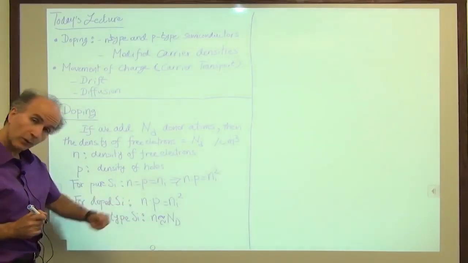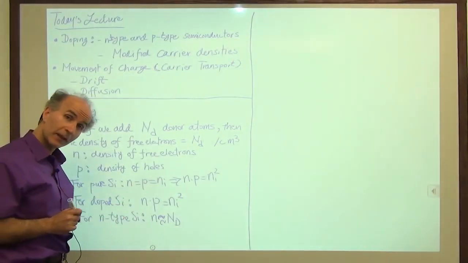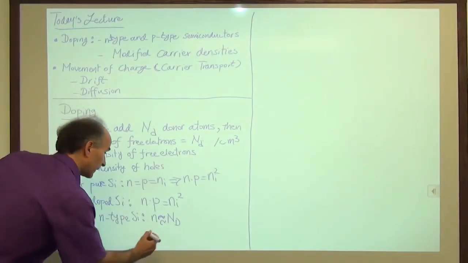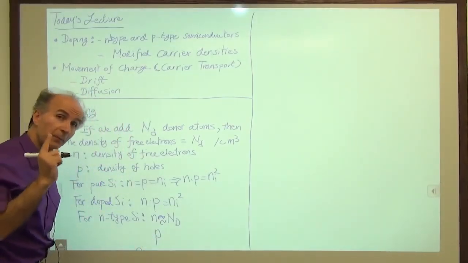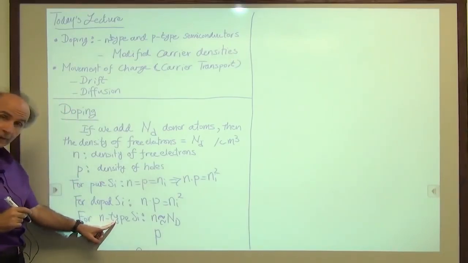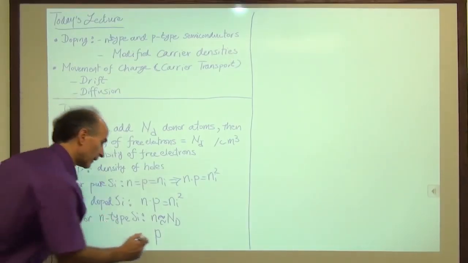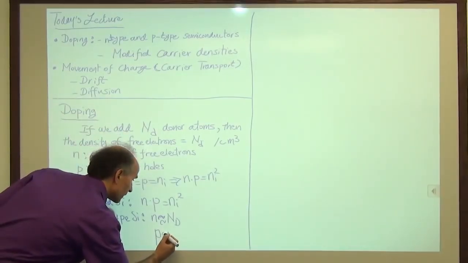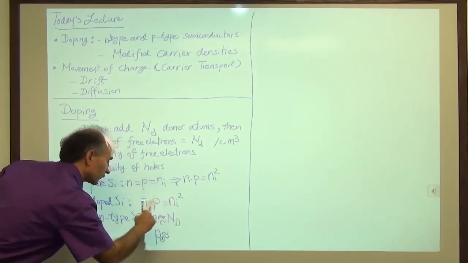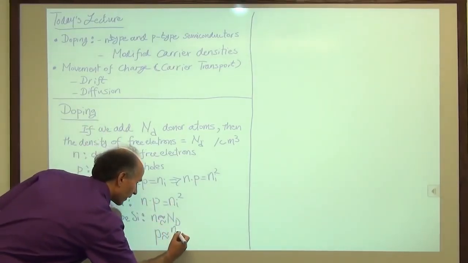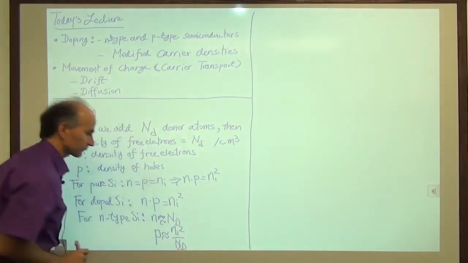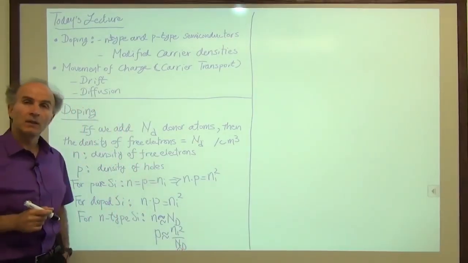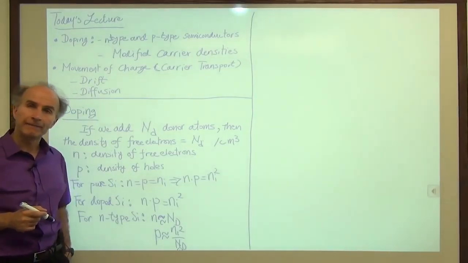But if I go back to this equation, it predicts something else that's interesting. It says P, the density of holes inside an N-type material, is equal to Ni squared over N. So it's equal to Ni squared over Nd. So what does this say?